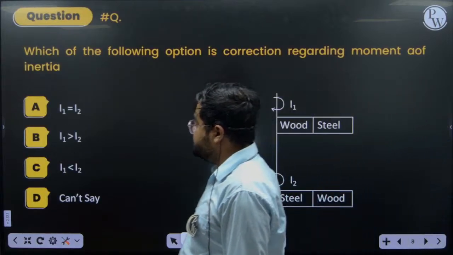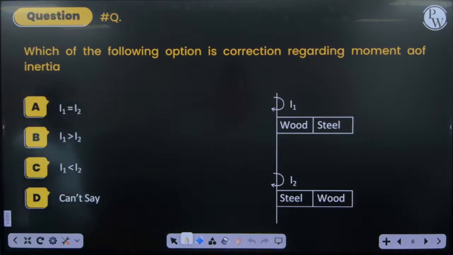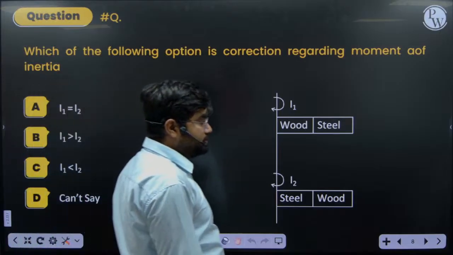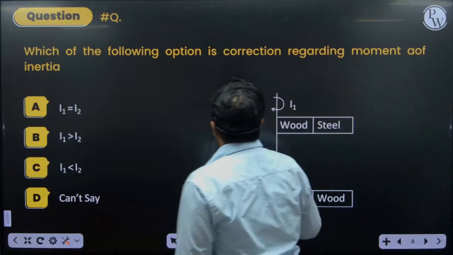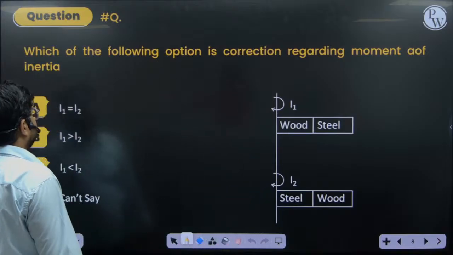All right, we have a small question. Which of the following options is correct regarding moment of inertia?